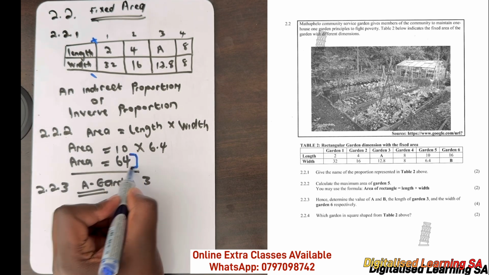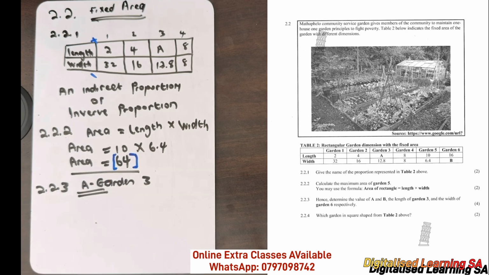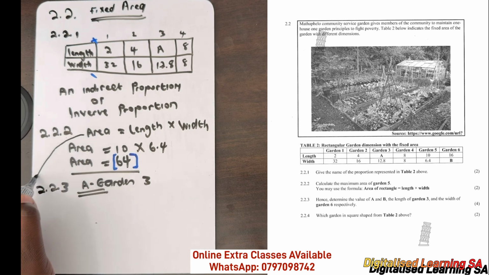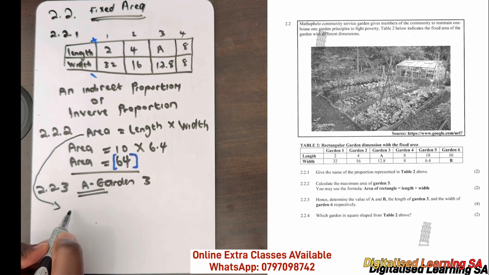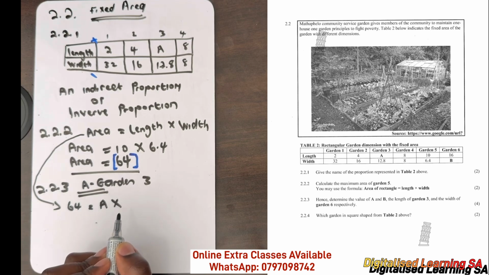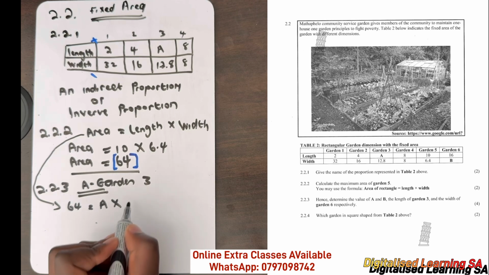We are looking for A, which is the length of garden 3, so we are going to use the same formula. We will have 64 equals our length, which is A, multiplied by the width of garden 3, which is 12.8.